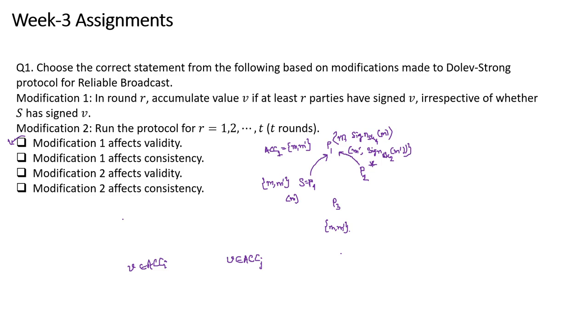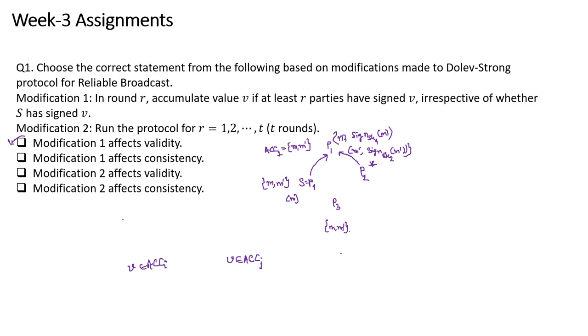So if some message has been signed by t plus 1 parties, then there must be one party among the t plus 1 parties who have signed the message V, and that party must have broadcast the message to all the parties honestly in the next round, of course.